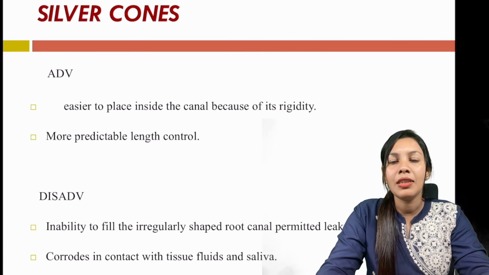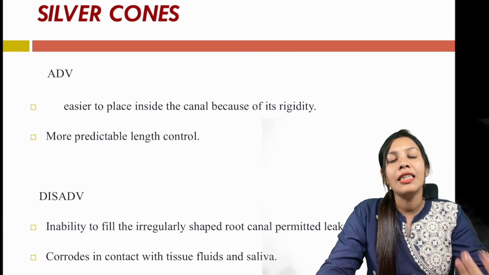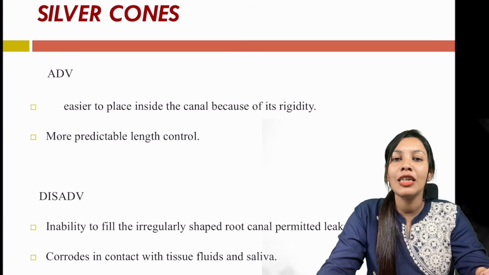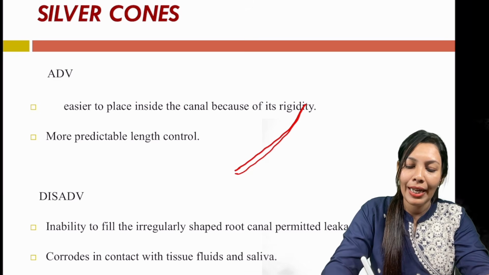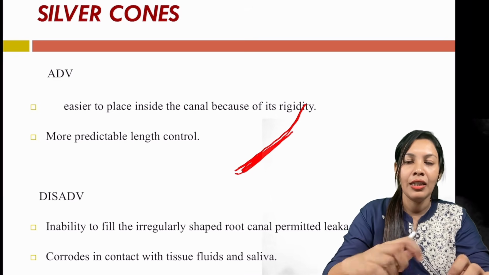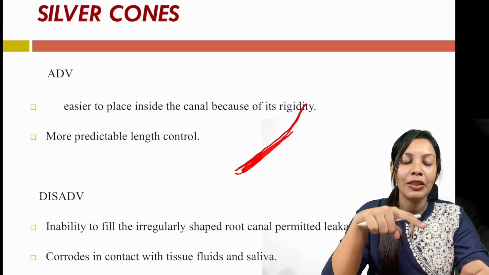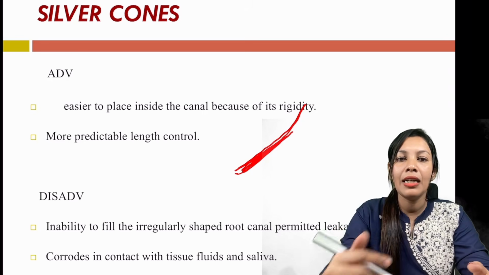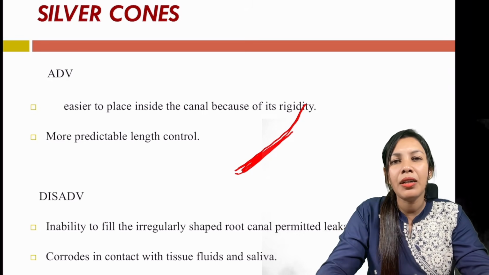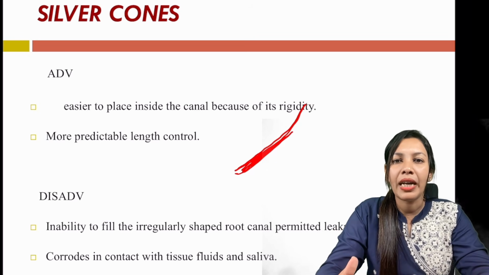So talking about silver cones, a silver cone is very easy to place within the canal because it is very rigid. It is like a file, like a stainless steel material, which can be easily placed into the root canal. The disadvantage is that it is unable to give a proper three-dimensional obturation.